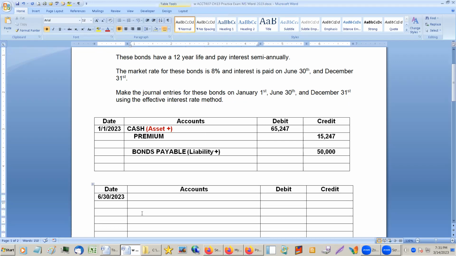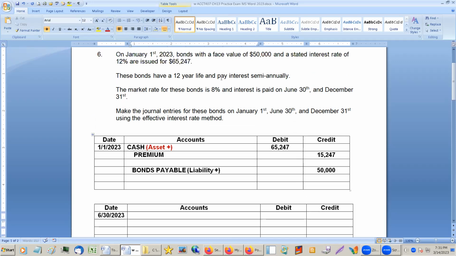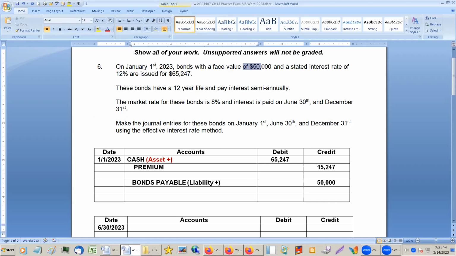Okay. So we're promised to pay $50,000, 12%, and semi-annual. That's all we need, right? So that's the indenture agreement.